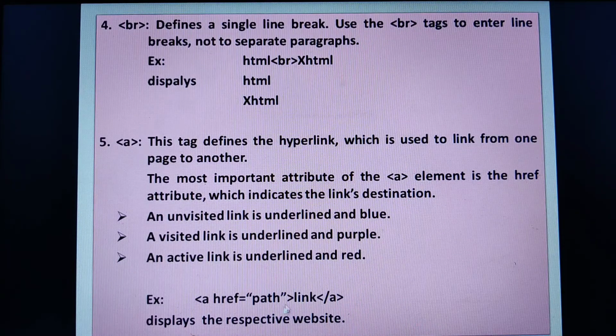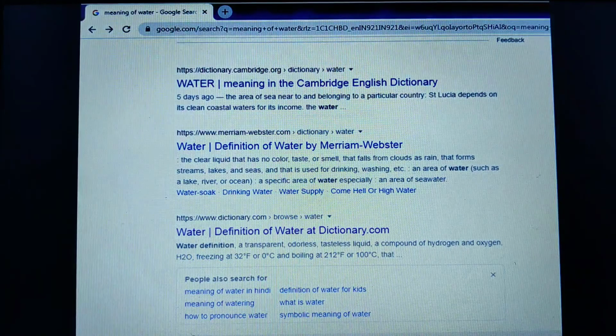So this will display the respective website whose path you are giving in this H-reference. Alright. Now look here. I have given the meaning of water, which I want to search for in the browser, that is Chrome.